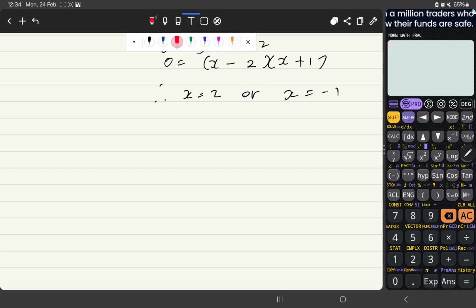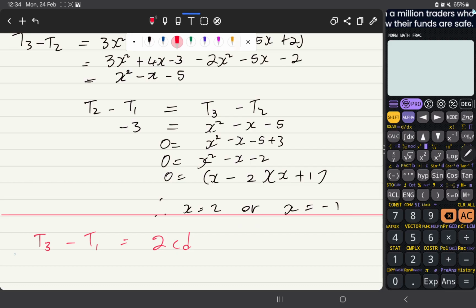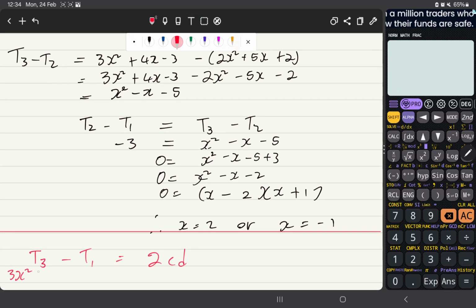Maybe I can draw a straight line, and then I will say term 3 minus term 1 equals 2 CD. Just something a little bit fun. Term 3 is 3x squared plus 4x minus 3.